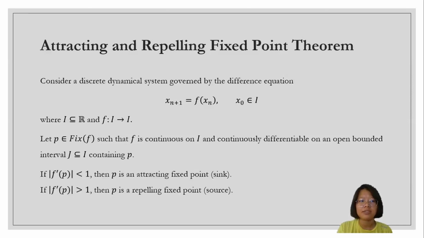We call it a sink. If the modulus of f prime of P is greater than 1, then P is a repelling fixed point and we call it a source.